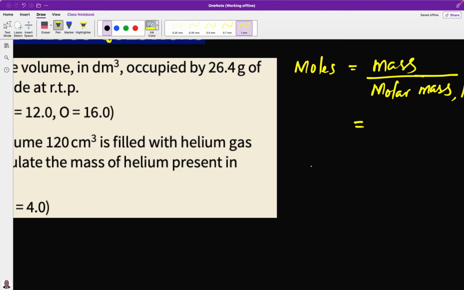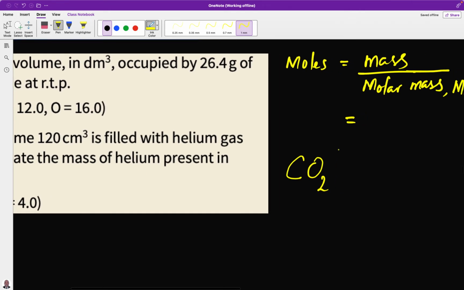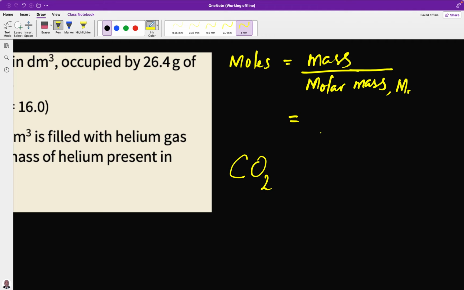Carbon dioxide is CO2, and we are given carbon is 12 and oxygen is 16, so it will be 12 plus 16 times 2, and that will be a total of 44 gram per mole.